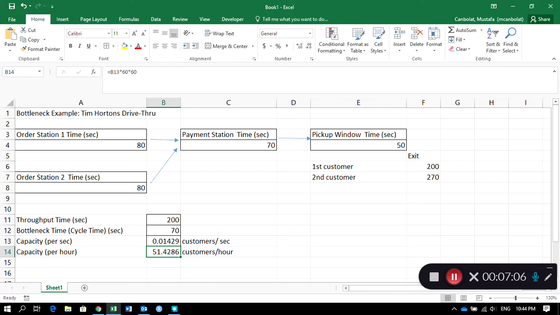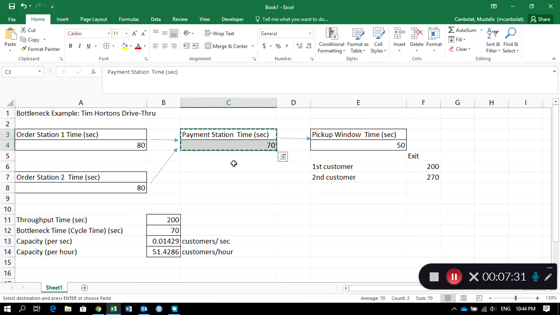How are they going to manage that and increase the capacity of the system? Are they going to put in one more order station? Are they going to put in one more payment station or a pickup window? Now if you take a look at the situation here, you realize that the bottleneck is the payment station. So what we have to do is add one more payment station.